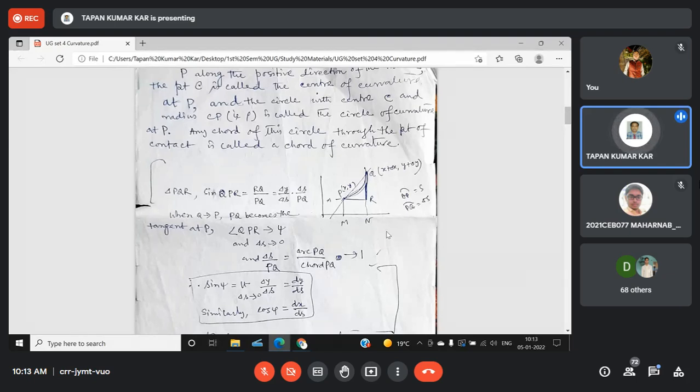So arc PQ by chord PQ is almost the same, that is, it tends to 1 when delta s tends to 0. That is when we take P and Q very close to each other.